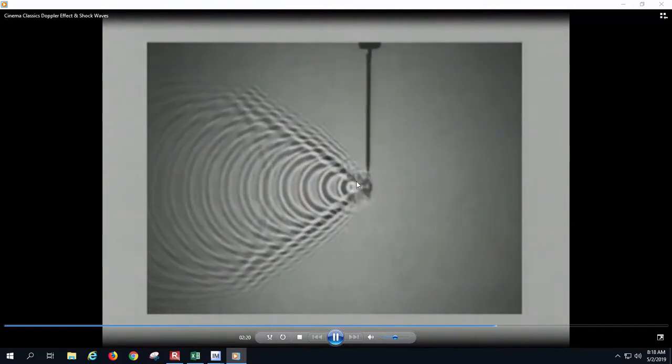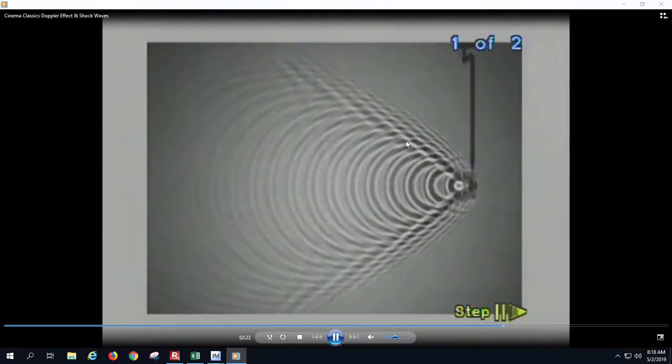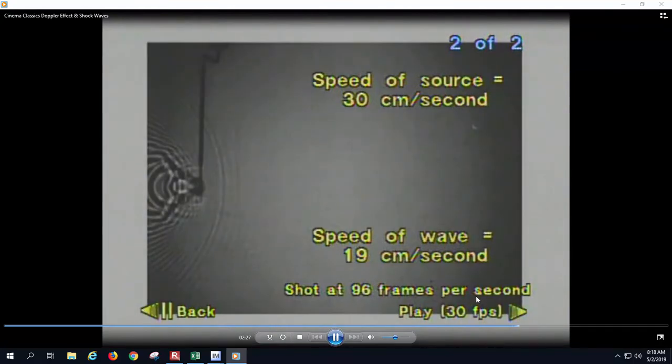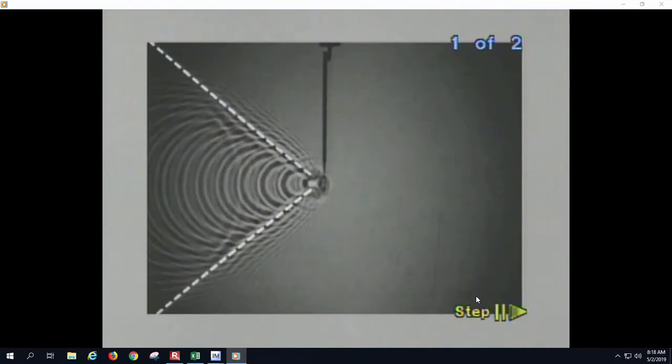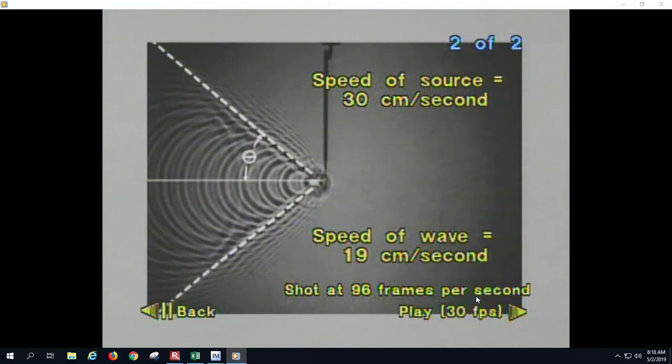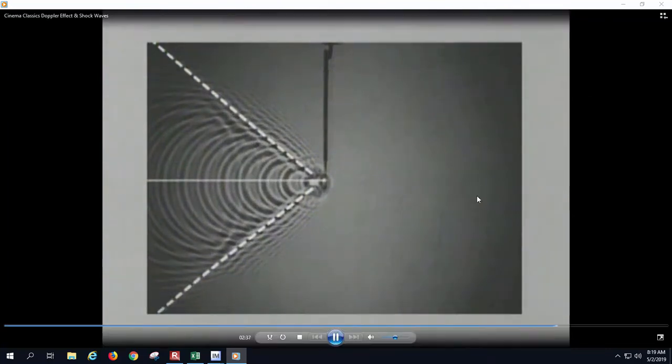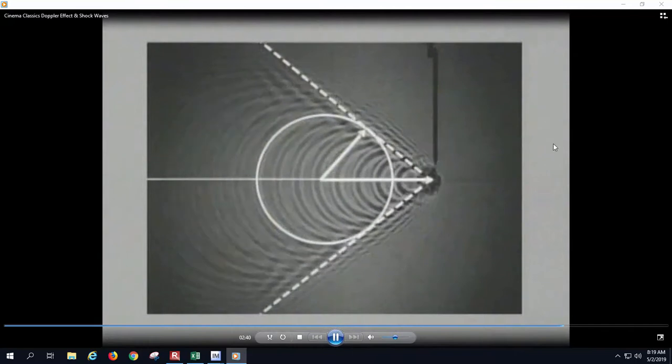The shock wave moves off at an angle determined by the speeds of the source and the wave. A shock wave moves out from the source, drawing a circle around the source.